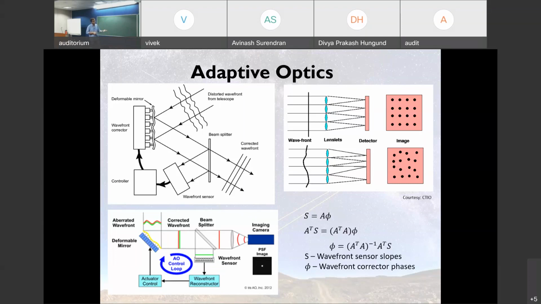Because of that, they have a large matrix here, and this matrix multiplication has to happen thousands of times a second to compensate for the atmospheric turbulence. Because of that, the computational requirement runs into a lot of teraflops, which GPUs are currently able to do, and FPGAs were able to do much earlier. So this is just an overview of the AO system.